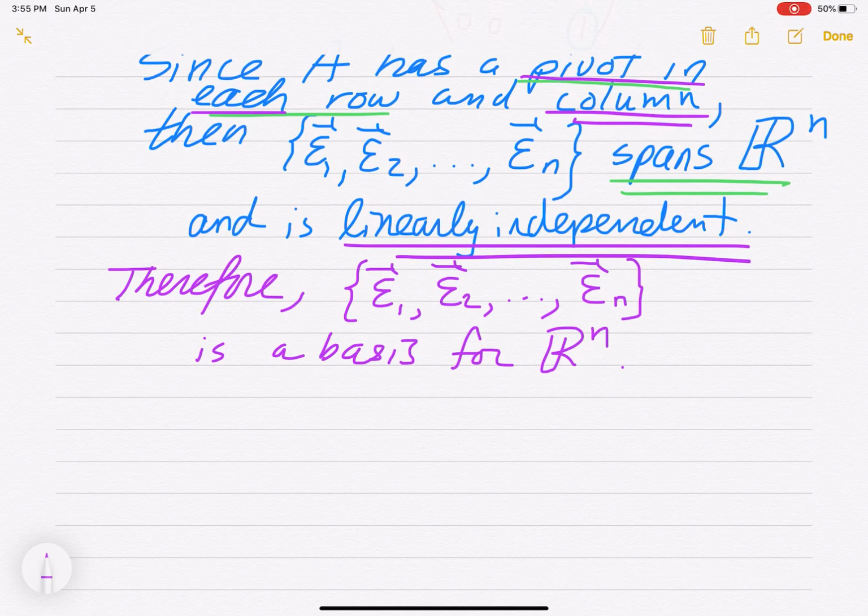You don't need any more vectors than that. But if you were missing one of those epsilon vectors, you wouldn't have enough. So it's just the right size. It's the smallest set of vectors.